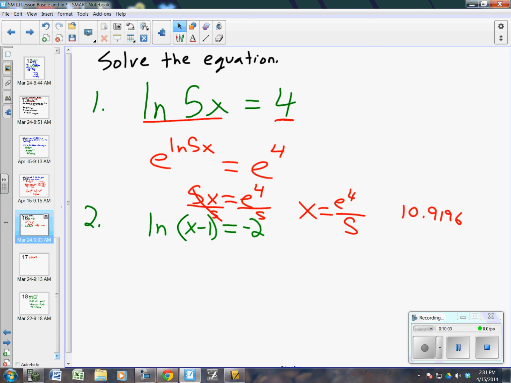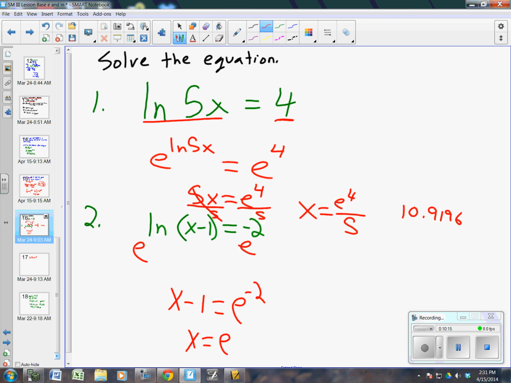Does anybody else verify that? Okay, so all he did, we raised e to that side, right? That came out to be x minus 1 equals e to the negative 2. Add 1 to both sides, e to the negative 2 plus 1. And you guys got, say that one more time. What'd you get? 1.135. 1.135. Any questions on that?